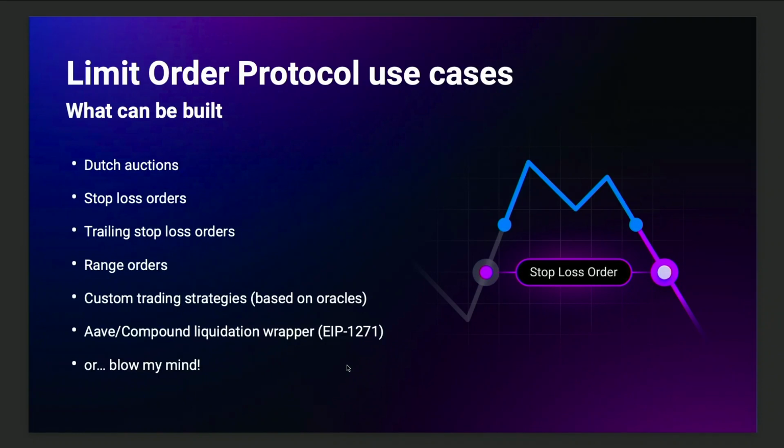So we as developers implemented technical features, but product features are almost infinite. So people come up with all kinds of crazy things. I discussed with one guy, they tried to build borrowing for NFTs.